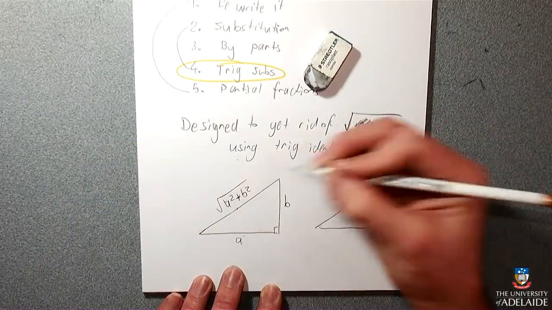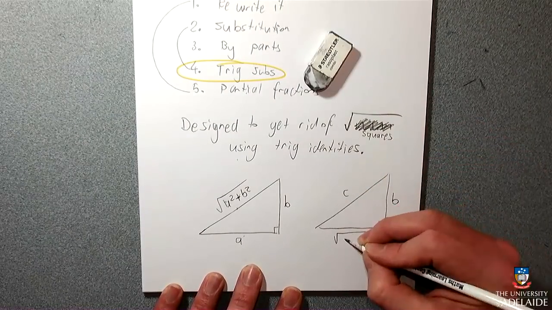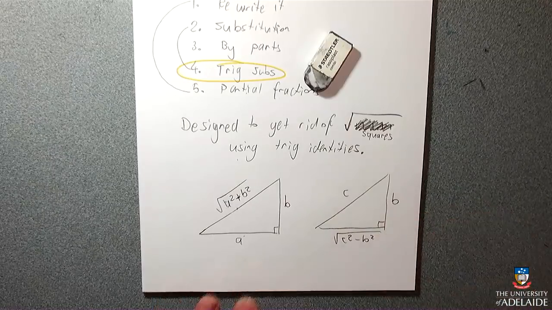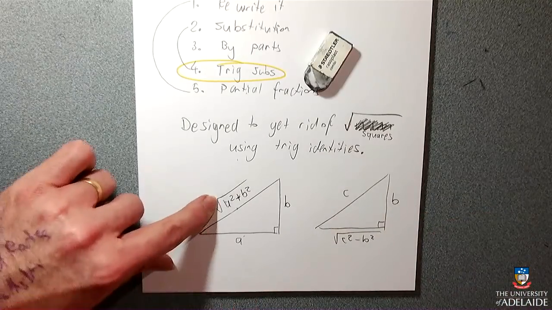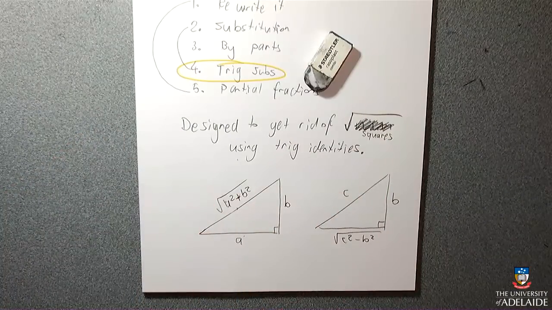There. And if this was c and this was b, then this would be root c squared minus b squared. This is the picture that's in our head, and it's these roots that occur when you're doing Pythagoras' theorem that is what these trig substitutions are designed to get rid of.